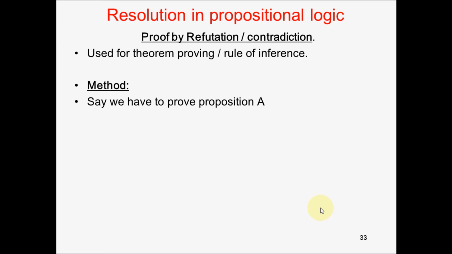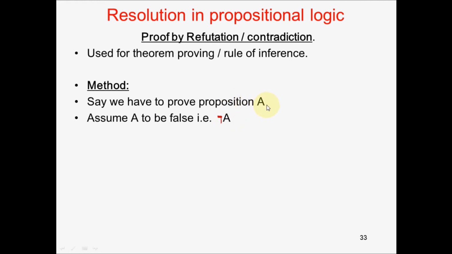Since it is proof by refutation, we start by assuming that A is false. We have to prove A is true, so we assume A is false, and that means not A is true.